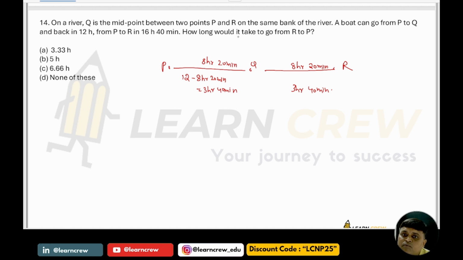Thereby, how long will it take to go from R to P? From R to P means this is 3 hour 40 and this is 3 hour 40. Total 3 hour 40 minutes into 2, which is nothing but 7 hour 20 minutes.